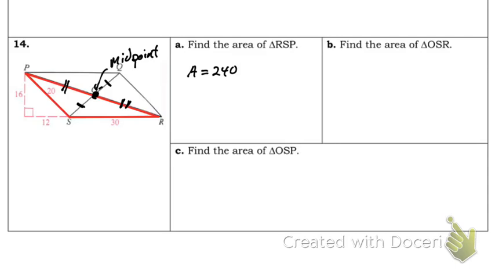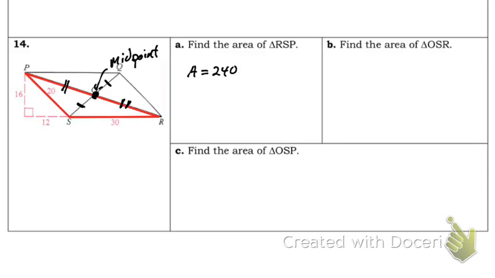And so triangle OSR, even though it doesn't look like it, is actually half the measure of that triangle. And OSP is the other half of it.